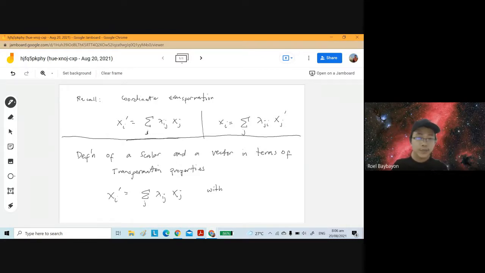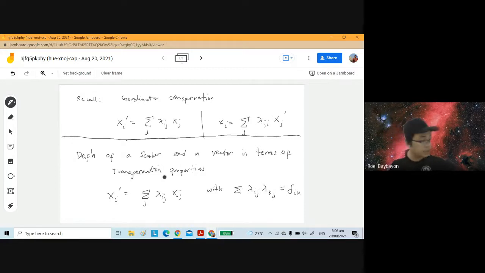With this definition, I will introduce another symbol. We call this one the Kronecker delta symbol. We have this, lambda ij lambda kj, which is equal to the Kronecker delta ik.